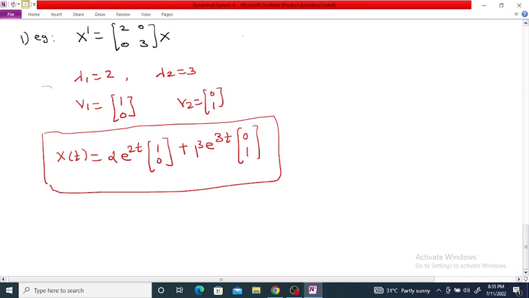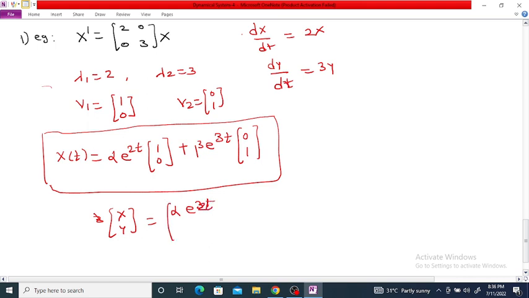What is the system here? Given dx by dt is equal to twice x and dy by dt is equal to thrice y. So what are x and y here? x and y are alpha e raised to 2t and beta e raised to 3t.